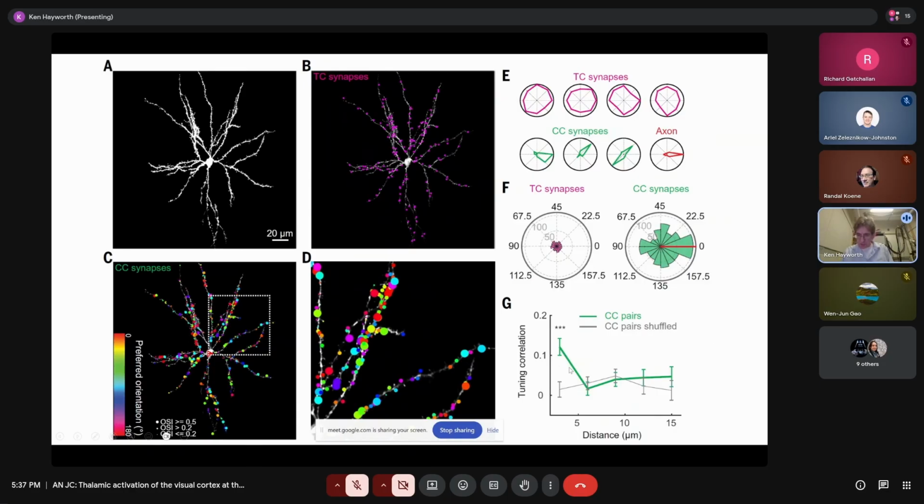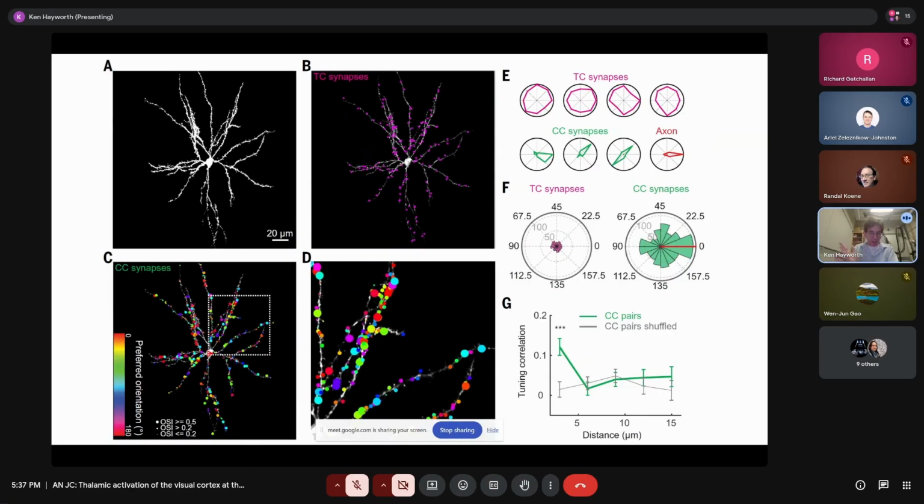The other thing to note is that there is a clustering trend. So if we look at the corticocortical synapses and we plot the correlation of those tunings, okay? So if I take any two synapses that are corticocortical, they're going to be orientation selective.